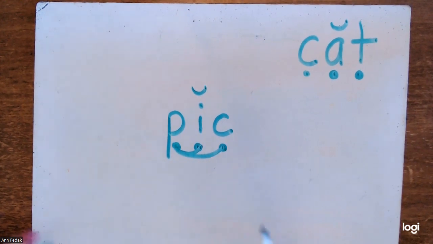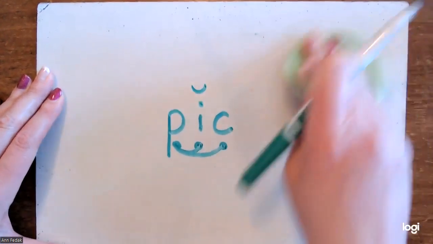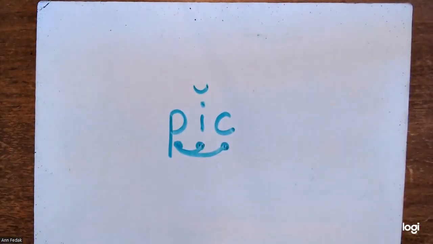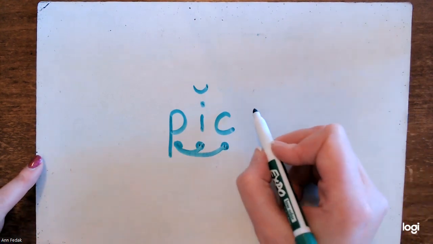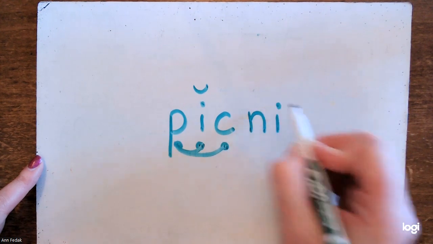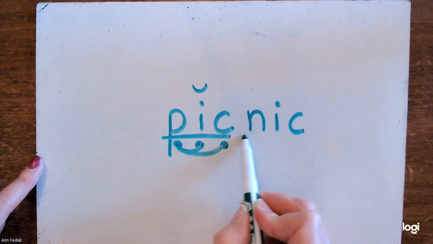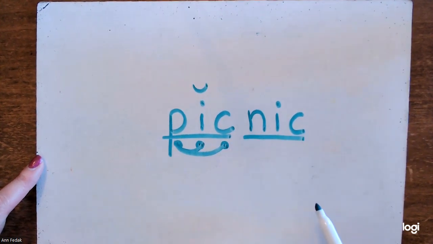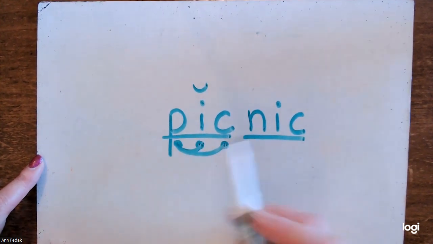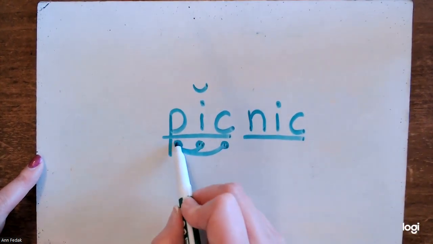pick. Very good. Now, I do feel like I tricked you a little bit because our words were not nick and pick, and they weren't really nonsense words. They were really syllables. So let me put our 2 syllables together. All right, now that we've read both of these, we can read a nice, big, long word.